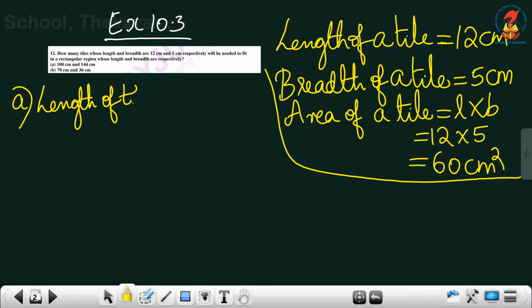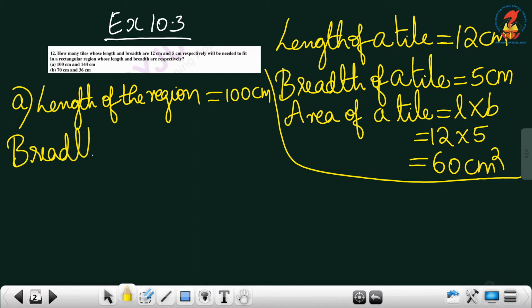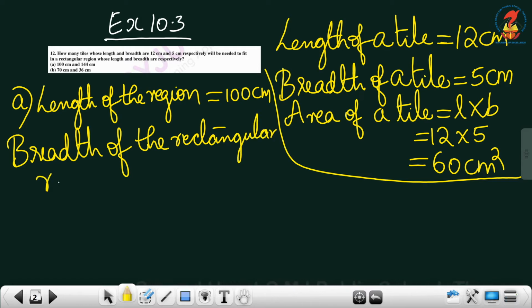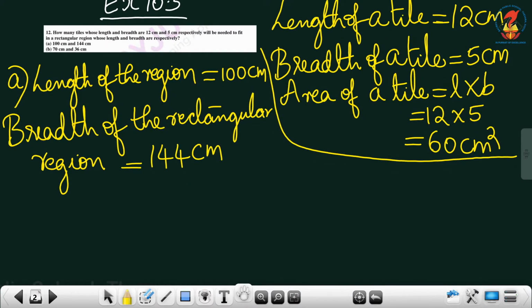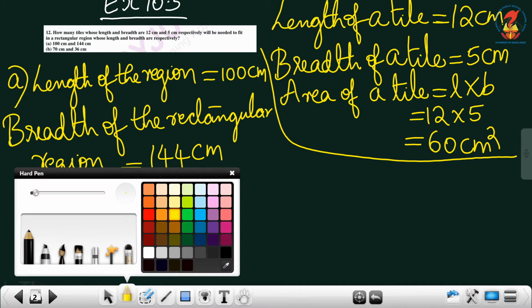Length of the first rectangular region is 100 centimeter. Breadth of the rectangular region is 144 centimeter. If you know the length and breadth of the region, easily you can find the area.